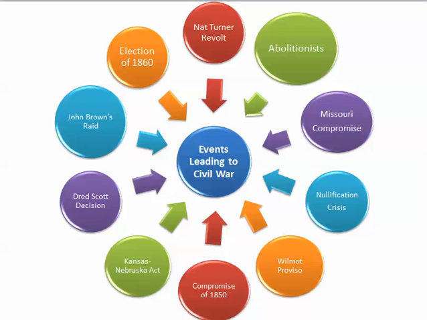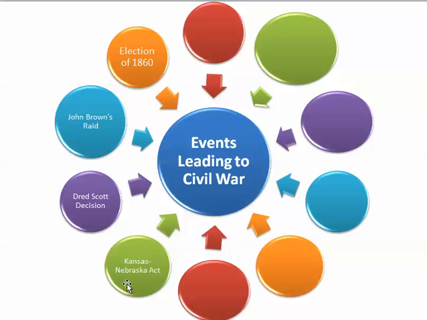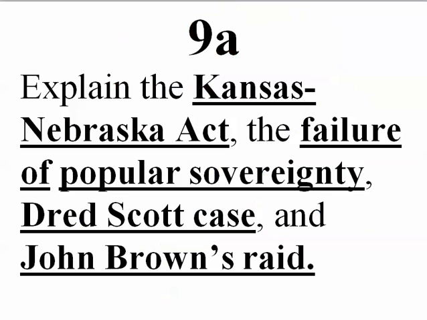And I think we reached all the way around to the Kansas Nebraska Act. So if we look back at 9A, it says explain the Kansas Nebraska Act. And then it says, and the failure of popular sovereignty, the Dred Scott case, and John Brown's raid.